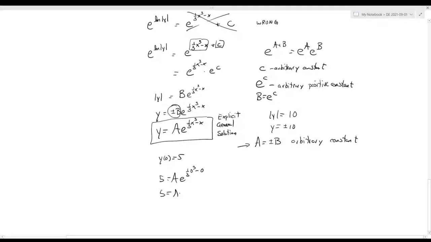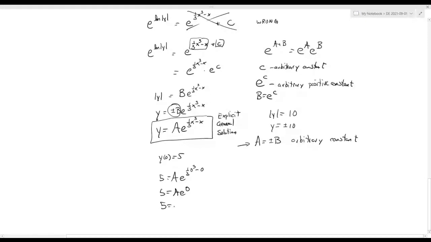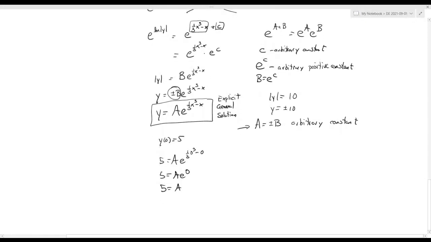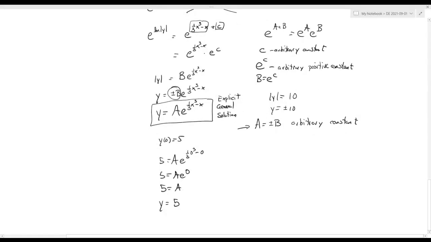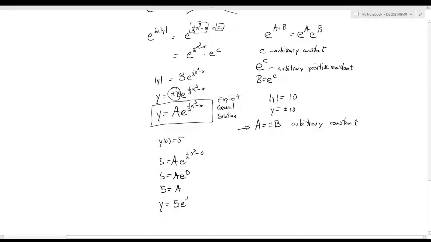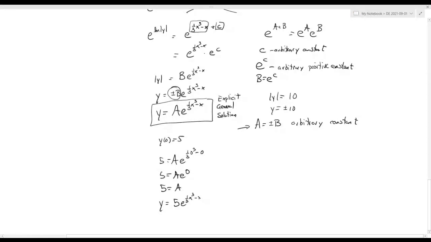And obviously that says that a has to be 5. So using the initial condition, we solve for the constant. Now we have a solution that's not general, but specific to the initial condition. So we solve the initial value problem.